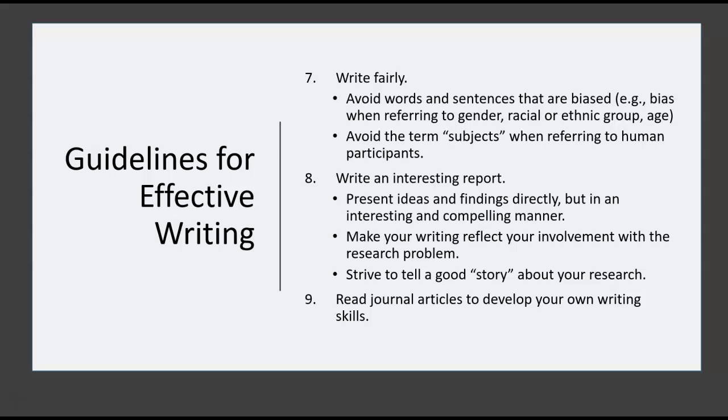There still are some journals that use the blanket term subjects, regardless of whether they're talking about people or non-human species. But the APA standard right now is if you're talking about human beings, you talk about participants. If you're talking about non-human species as a part of your research, they are typically referred to as subjects.